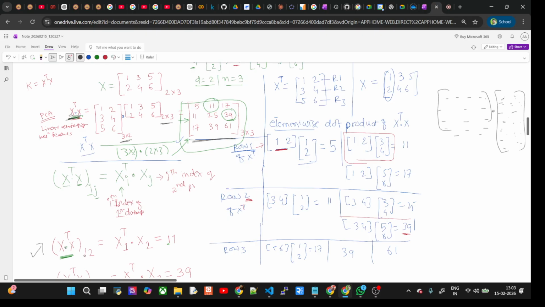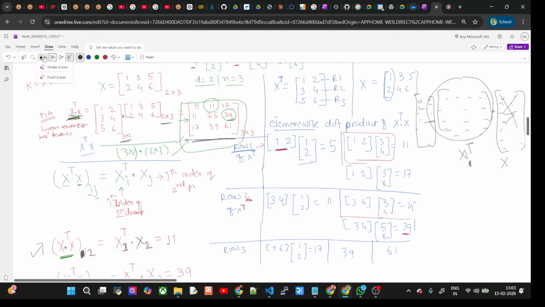X transpose X of 1 comma 2 means what? You already have one matrix, X transpose, and another matrix here. You just go to the first row of X transpose, and for the next element, 2, go to the second column of X. I just put it in reverse, like you are seeing here.